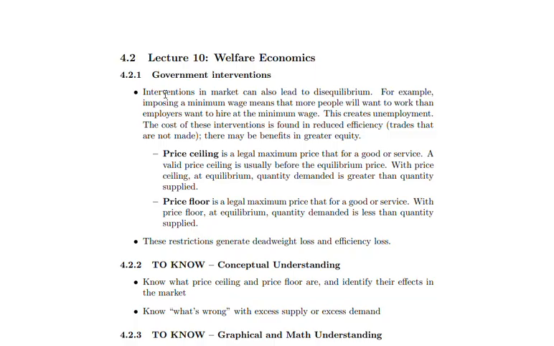This creates unemployment. The cost of these interventions is found in reduced efficiency, trades that are not made. There may be benefits in greater equality. So that is basically the efficiency and equality trade-off.